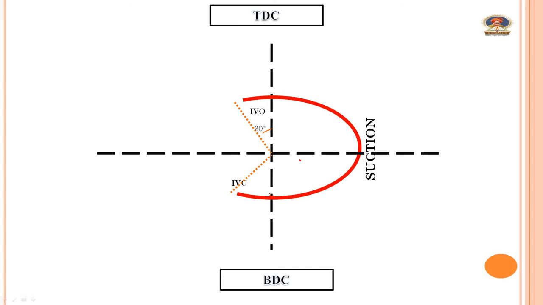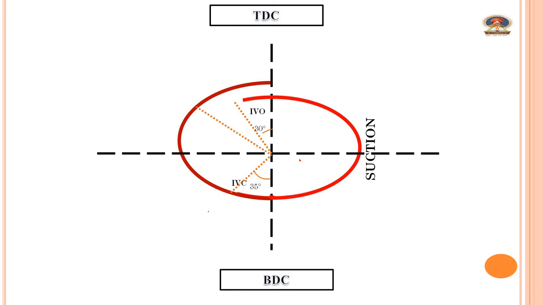Because the airflow will continue after the end of suction because of inertia. So the inlet valve will remain open for a further 35 degrees of crank rotation. After that, the inlet valve will close, and then compression will start.